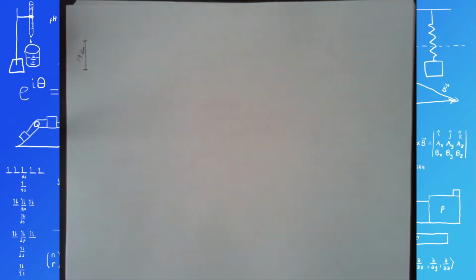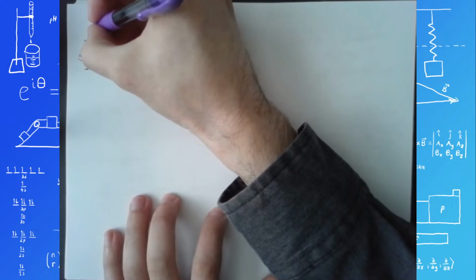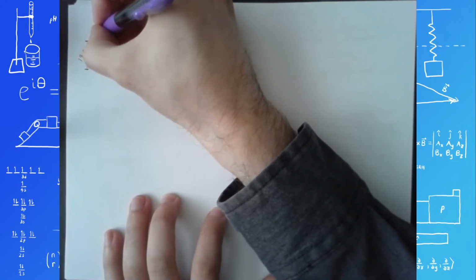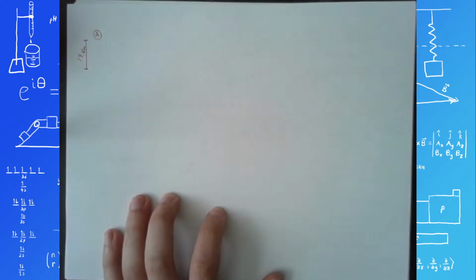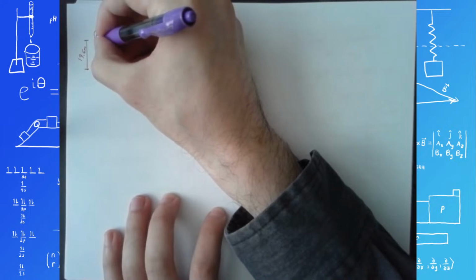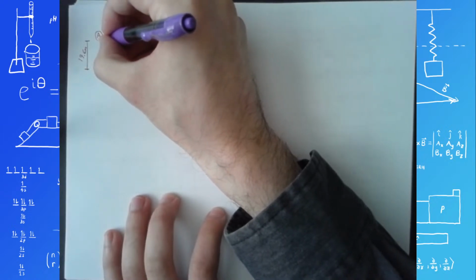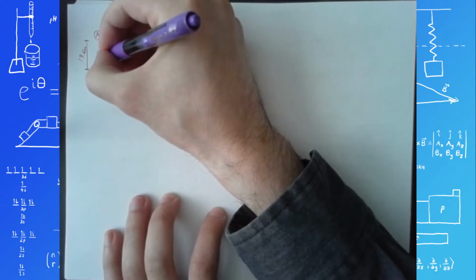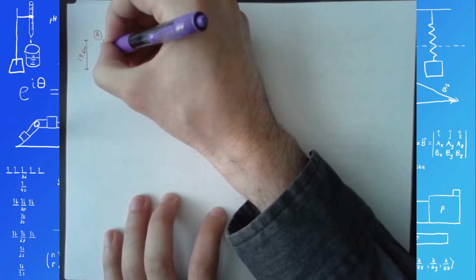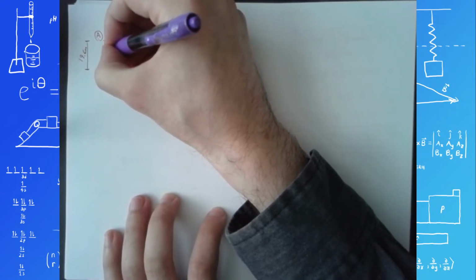And ball A is going to travel some displacement delta YA that is not quite 19.6 meters downward.